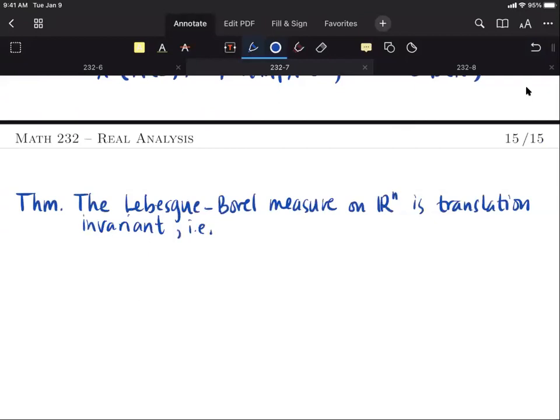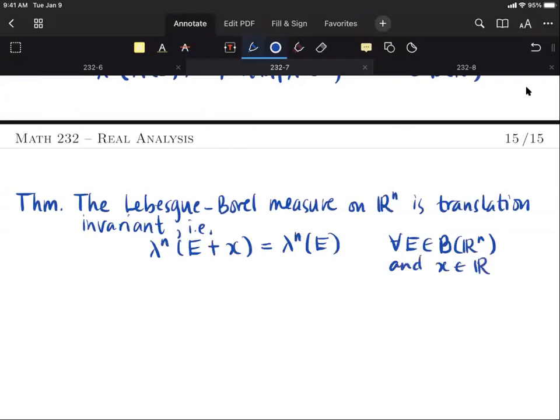That is, lambda n of E plus x is equal to lambda n of E for any E that is a Borel set and for any x in Rn.